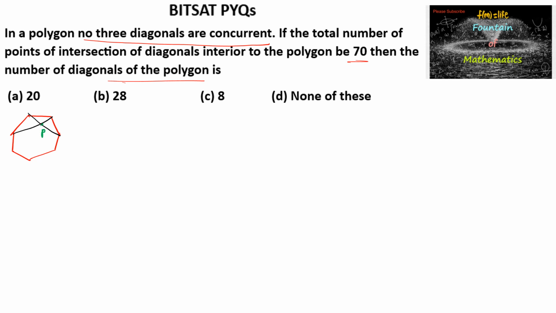Means a combination of four vertices leads to one point of intersection.